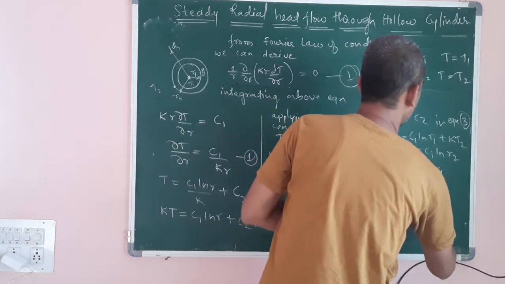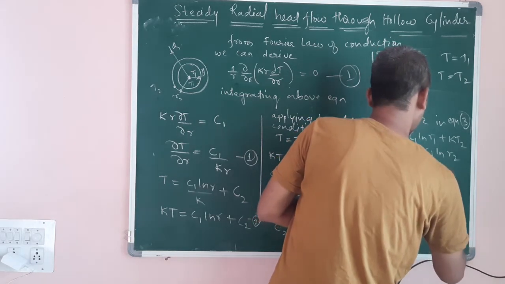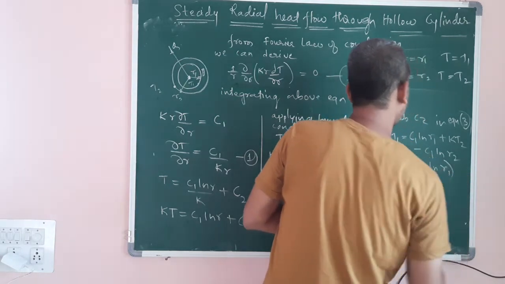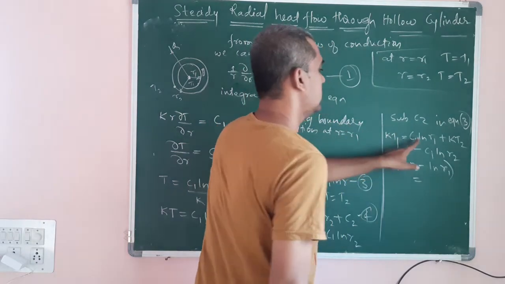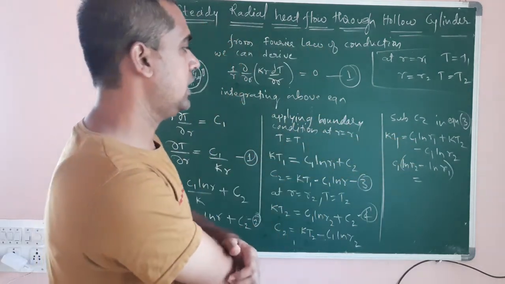This one will be C1 ln of R2 minus C1 ln of R1. I have taken this C1 ln of R2 and C1 ln of R1 in LHS.